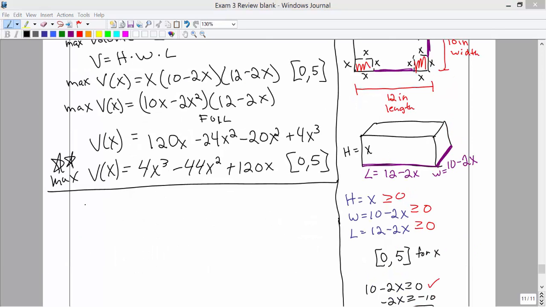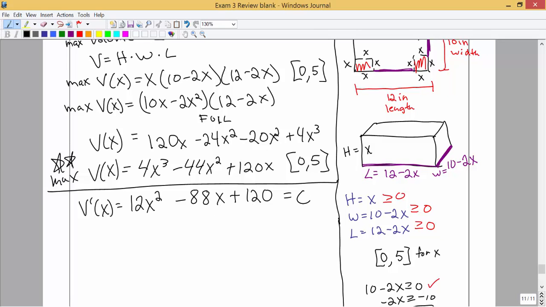Since we want to maximize the volume, we want to first take the derivative of that volume function. So that'll give us 12x squared minus 88x plus 120. And we're going to set this equal to 0 and we're going to solve for x.